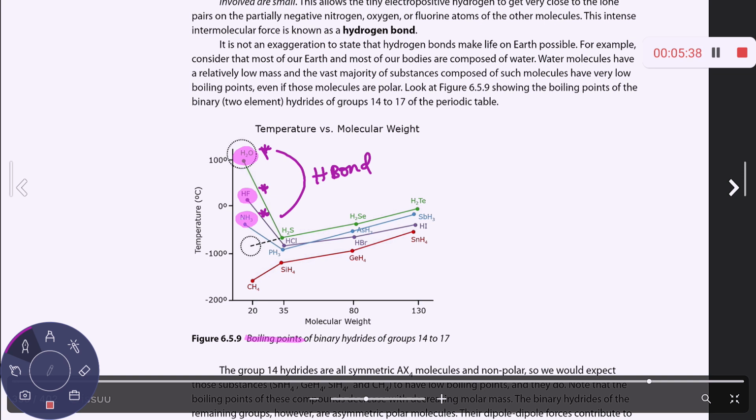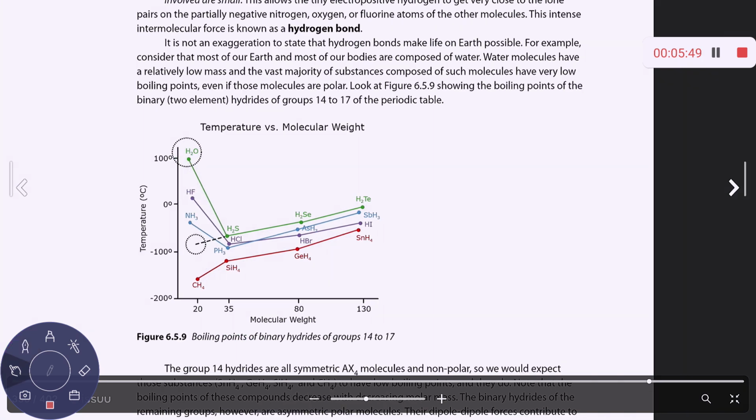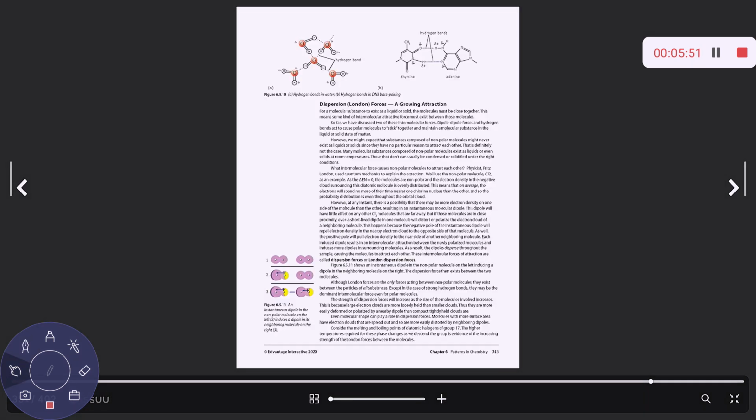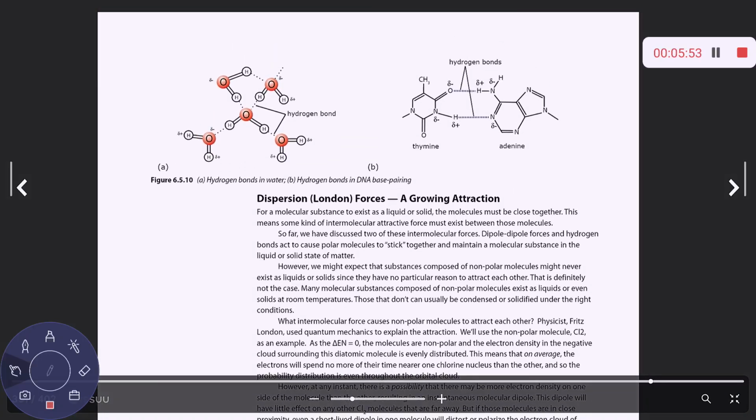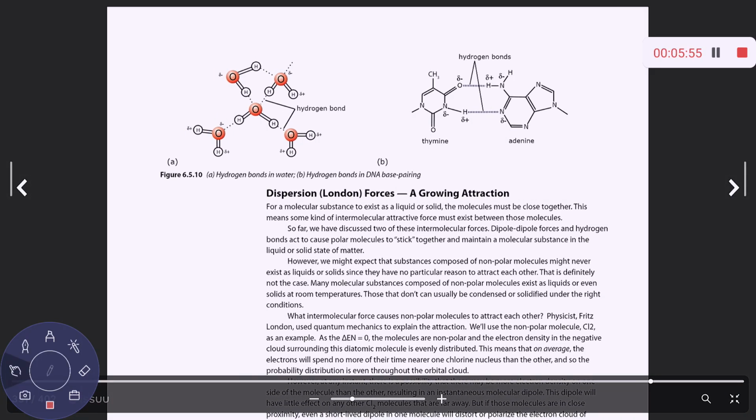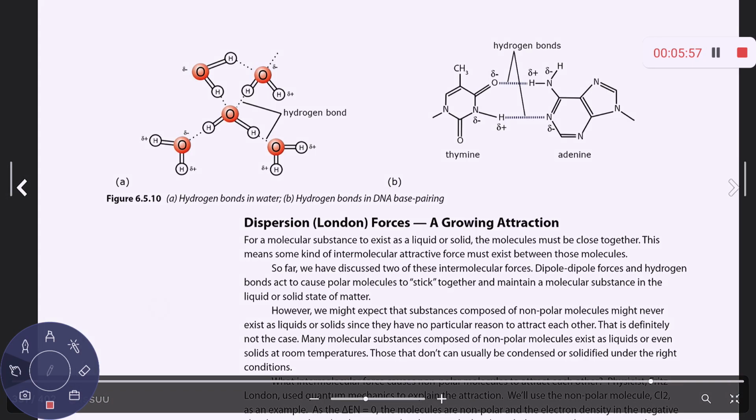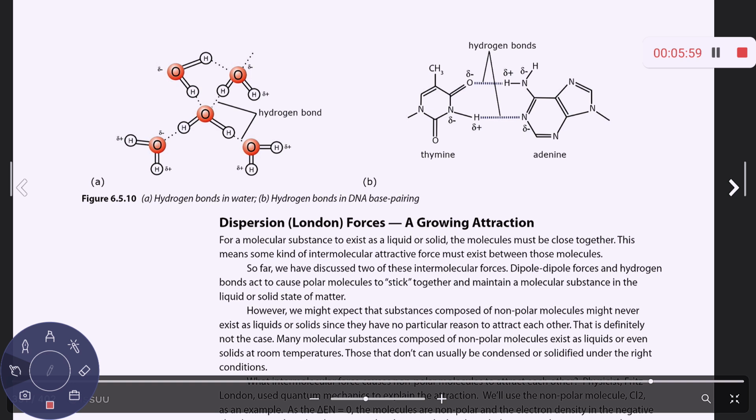Okay, something else that you should know about hydrogen bonding, and you probably remember this, is it is involved in DNA base pairing in the double helix. So at the top of the next page, they show you the double helix, and they show you between thymine and adenine how you've got hydrogen bonds stabilizing them.